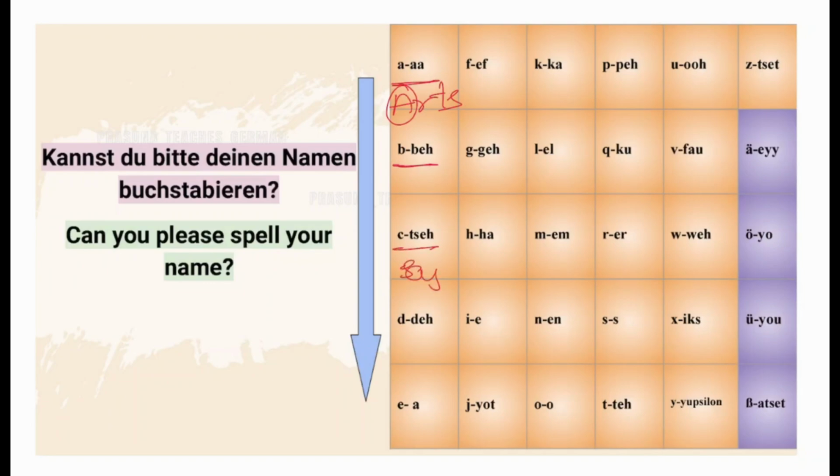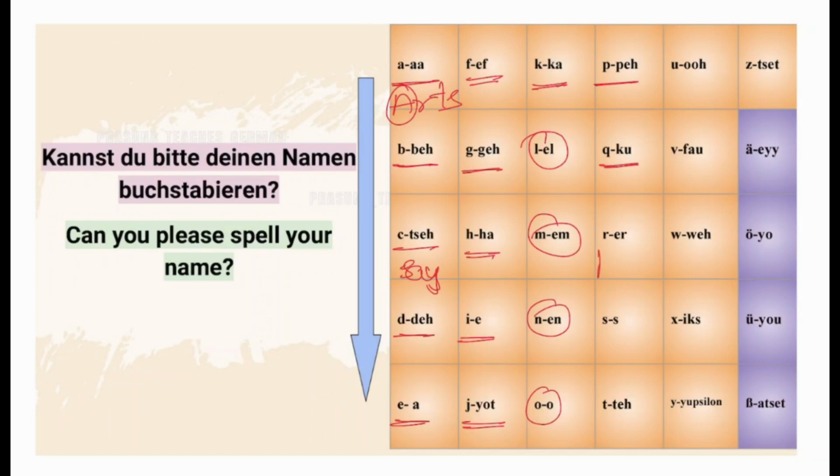C is a C. D, E, F, G, H, I, J, K, L, M, N, O, just like English. Q, the sound of R in air, S, T, U, V, W, X, Y, Z.